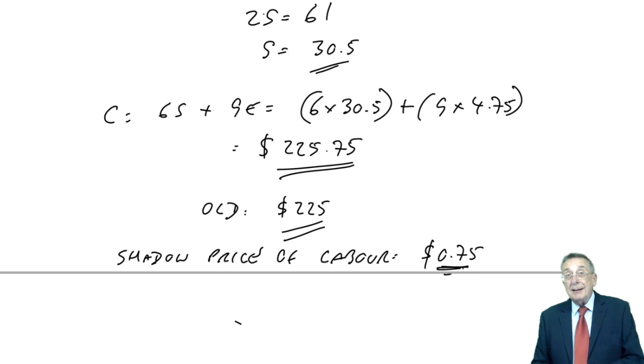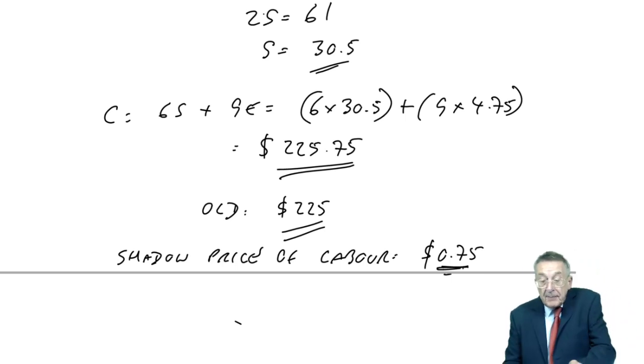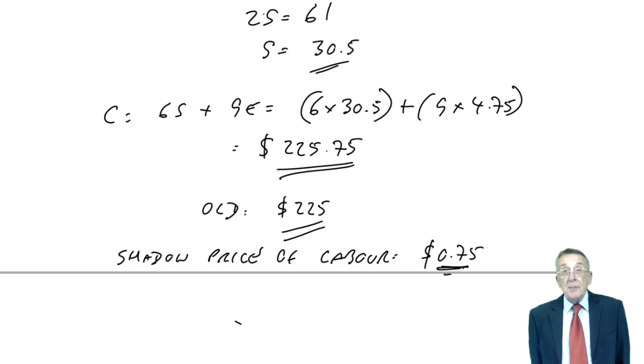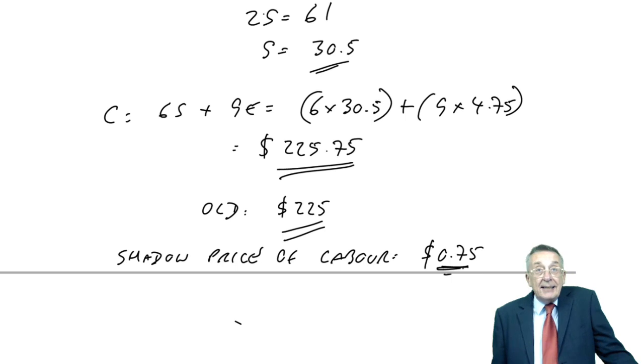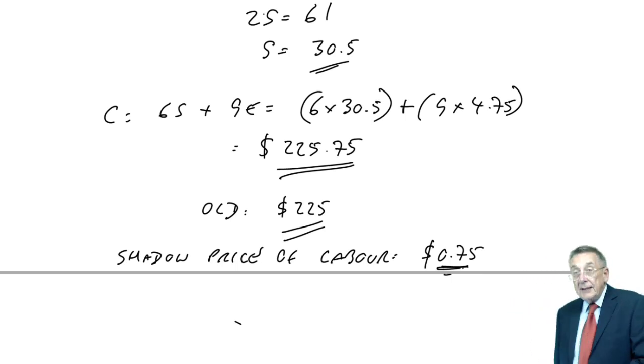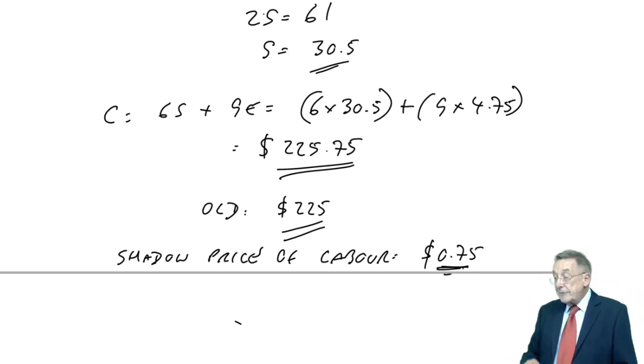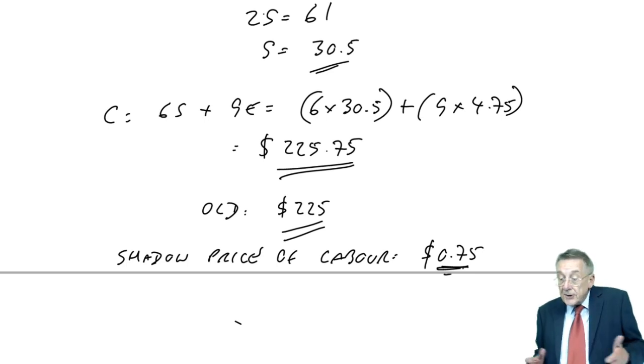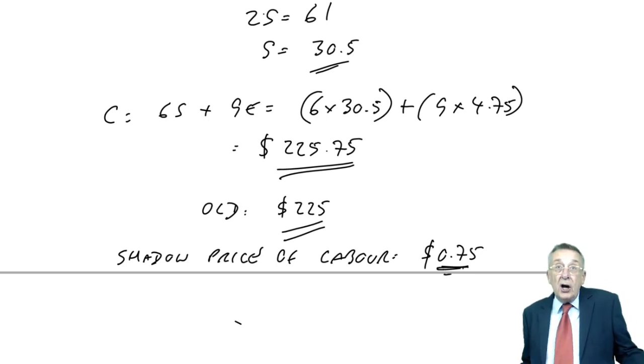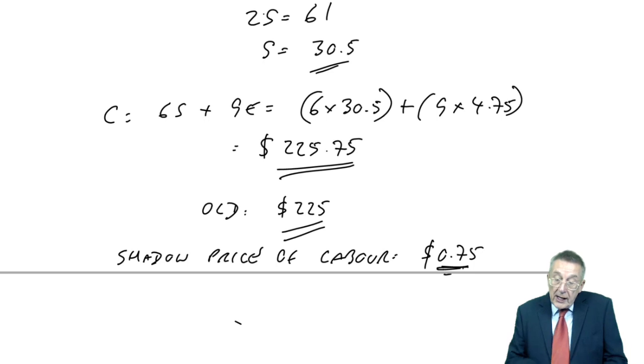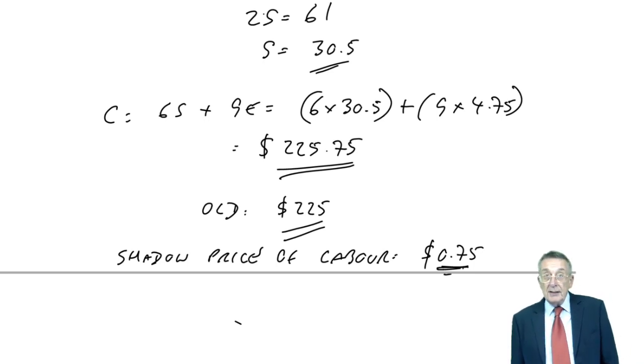If you want more labour, you're going to have to pay more for it. If you still paid $5 an hour, you'd get 75 cents extra contribution. But if I've got to pay them an extra 50 cents an hour, it's worth it. I pay an extra 50 cents to generate 75 cents, it's worth it. But if I have to pay an extra $1 an hour to generate only 75, it wouldn't be worth it.